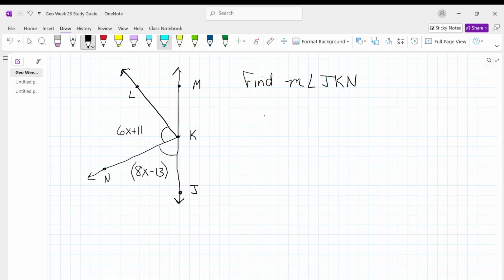So we're going to say 6x plus 11 is equal to 8x minus 13. So we're going to solve for x. I'm going to subtract 6x from each side. So we get 11 is equal to 2x minus 13.